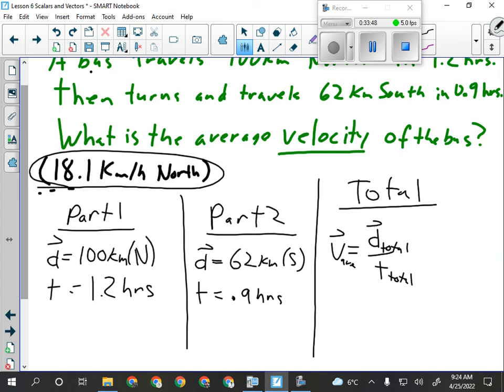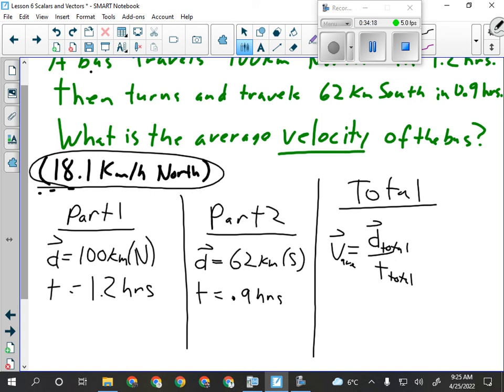How do I get totals? What mathematical operation? Well, you just add the two. Exactly. I add it. Now, I have to keep in mind that one is north and one is south. So one of them has to be, how do I represent things that are opposite mathematically? Negative. One of these things has to be negative. North is usually positive, south is usually negative.